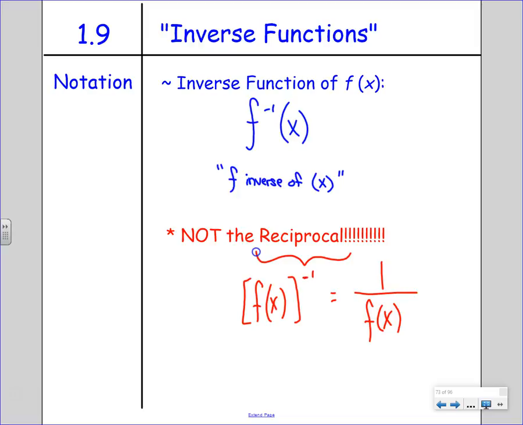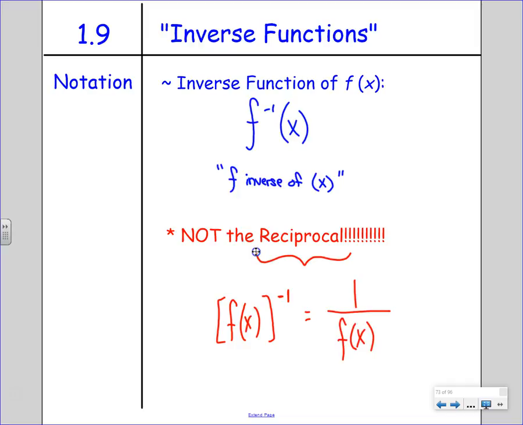If there was a negative 1 on the outside of the whole function, then I would flip it. If there was a negative 1 on the outside of the entire function, they would have to put big old brackets and have the negative 1 be on the very outside. Then you would say, it's time to flip f of x and make it 1 over. It's time to take the reciprocal of f of x and put 1 over.